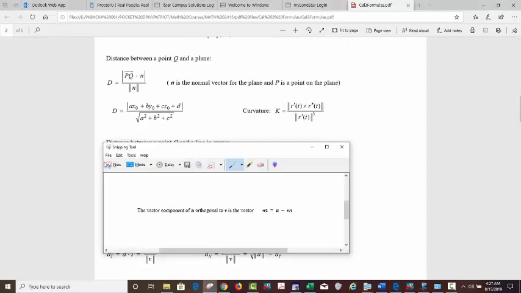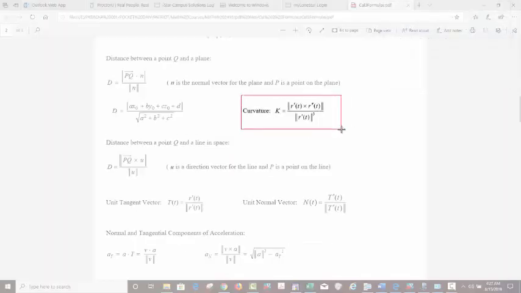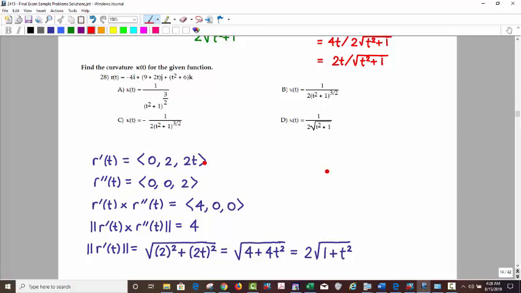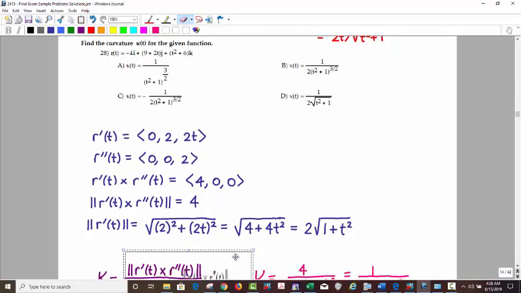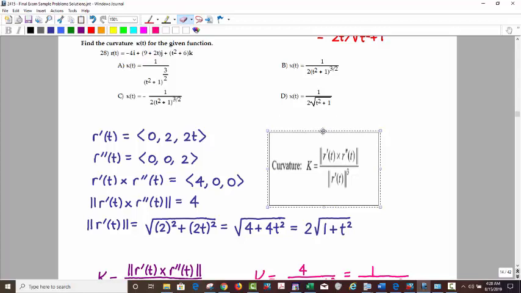In fact, I'll go ahead and just snip it out of here. So it's got a cross product in it. It's got magnitudes in it. Oh, I was wondering where it went. There it is down here.